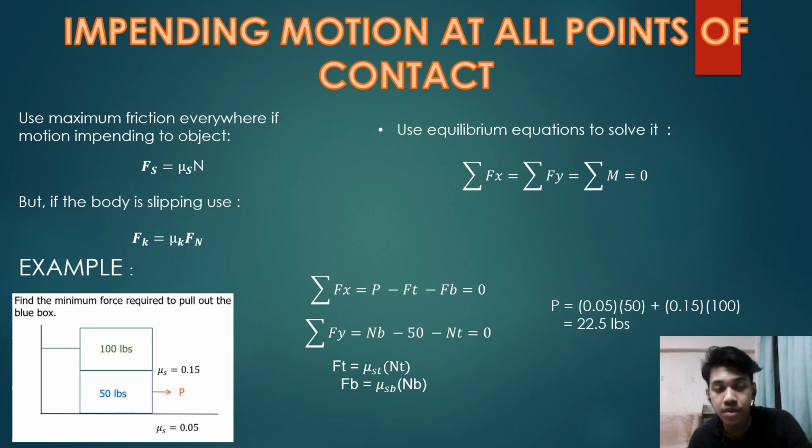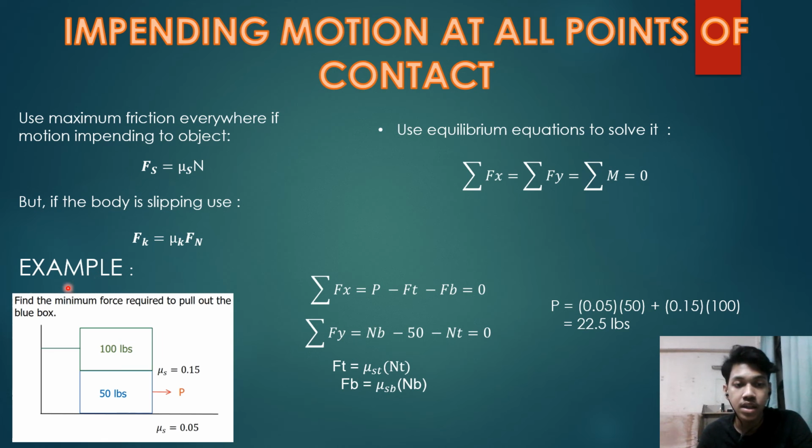Next, to solve this kind of problem, we also need to use the equilibrium equations, which are the summation of Fx equal to the summation of Fy equal to the summation of moments equal to 0.